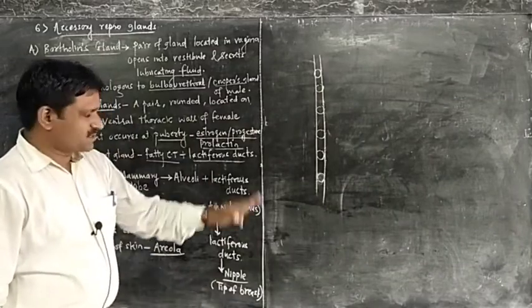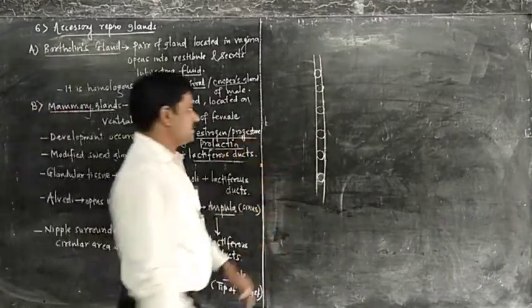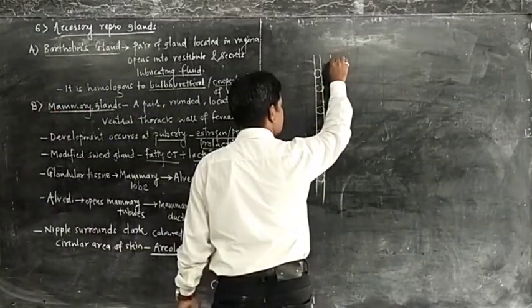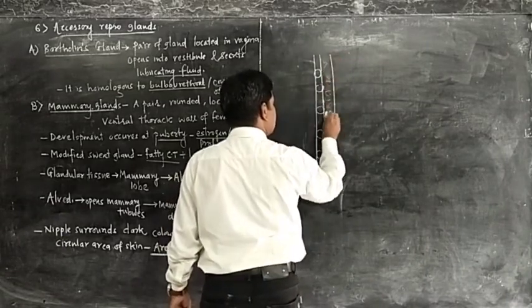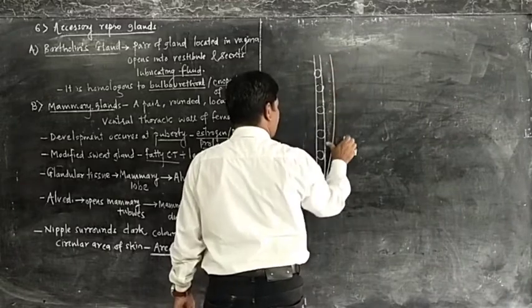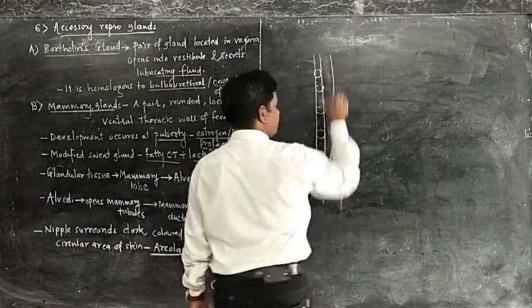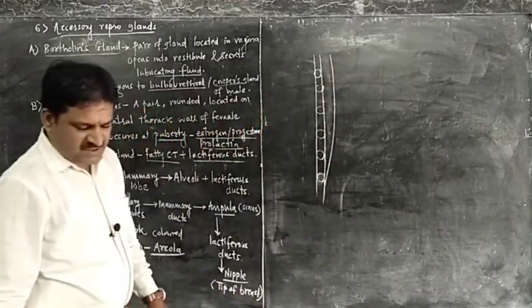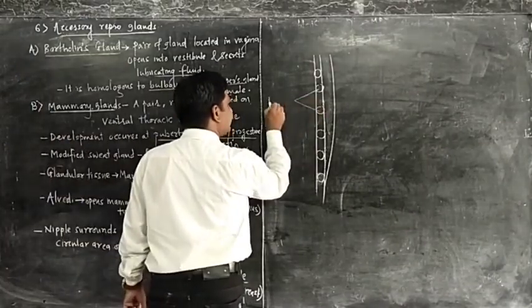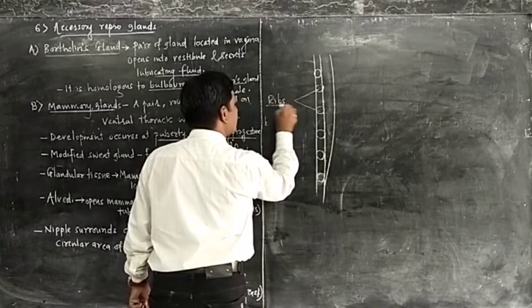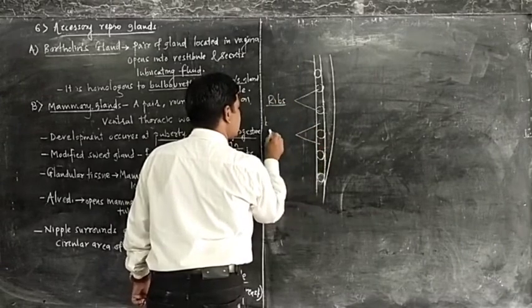Above this part, in front of this part, there are muscles. Which type of muscles? Pectoralis. These are the ribs, and in between the ribs there are intercostal muscles.